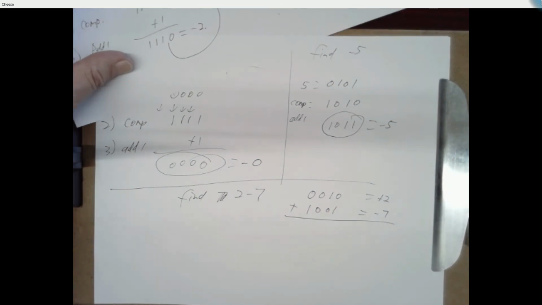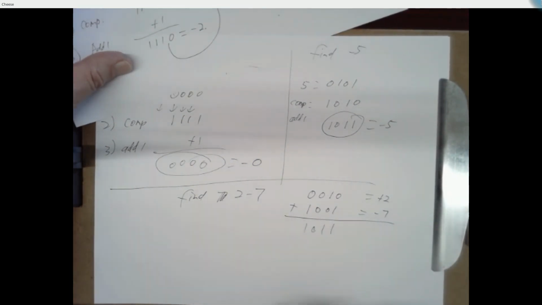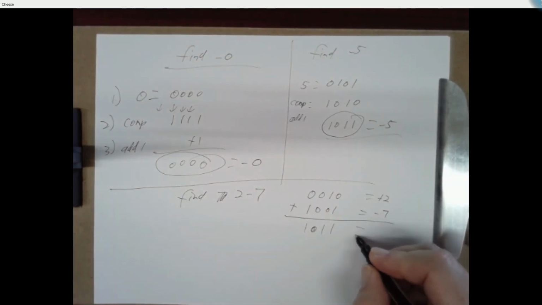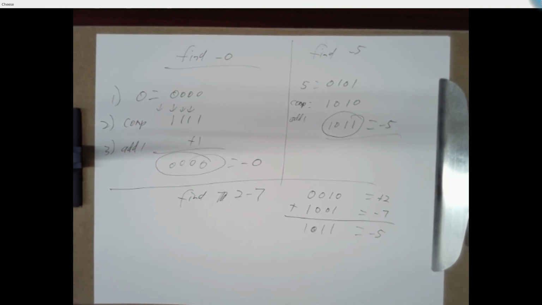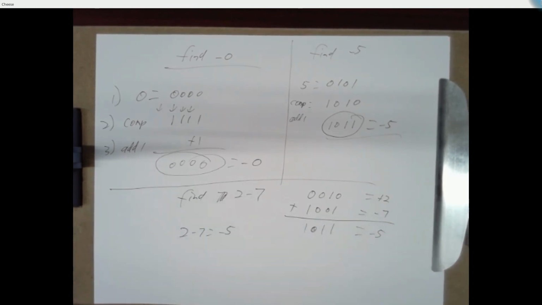And if we add these together, we get 1101. And 1101, that's -5. So we've just calculated in binary that 2 minus 7 is equal to -5. So our arithmetic still works. And that's the whole point of doing 2's complement.